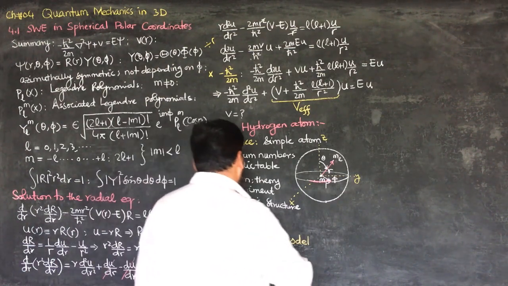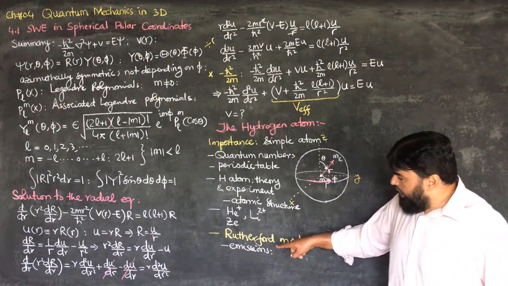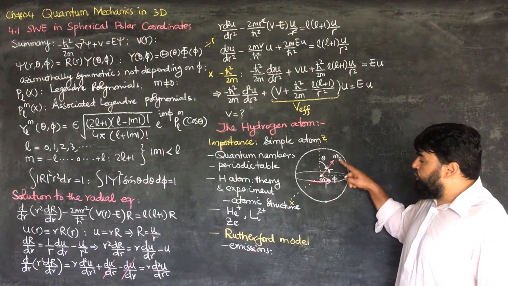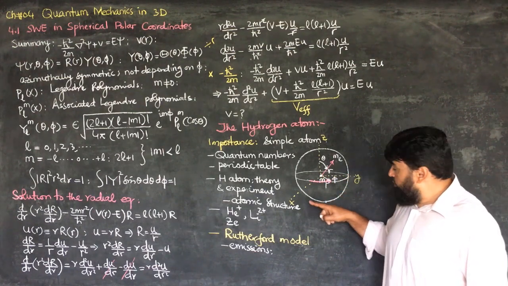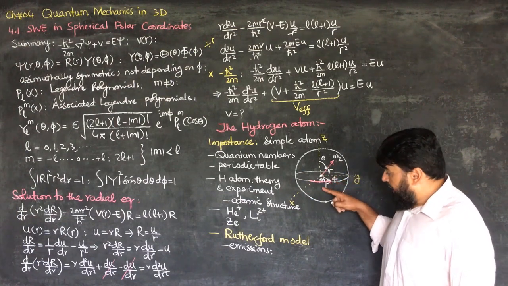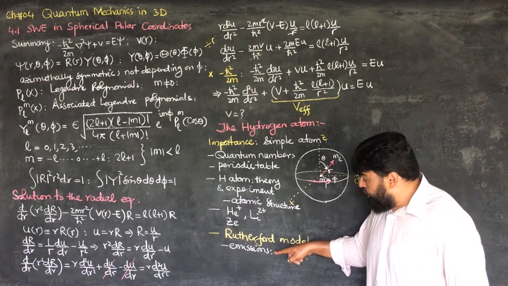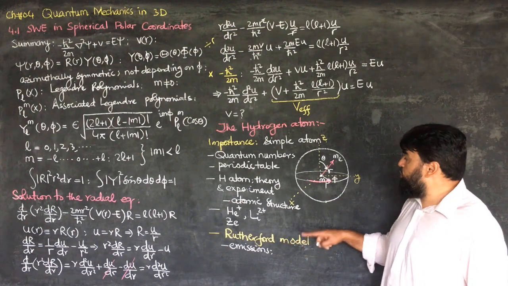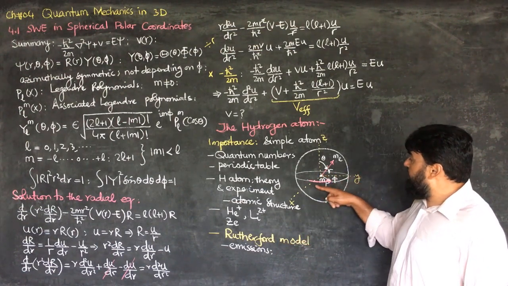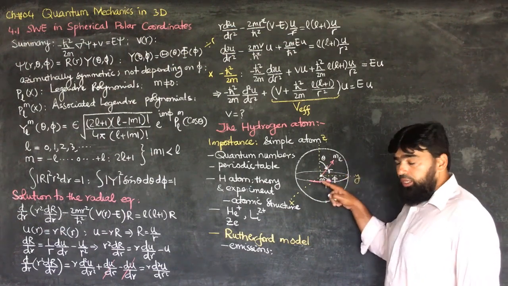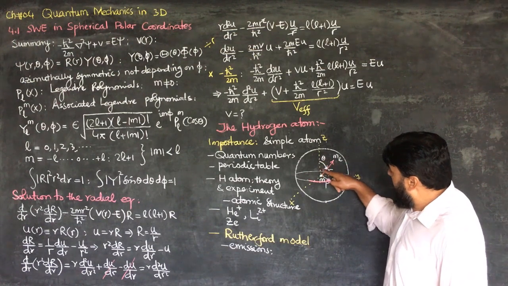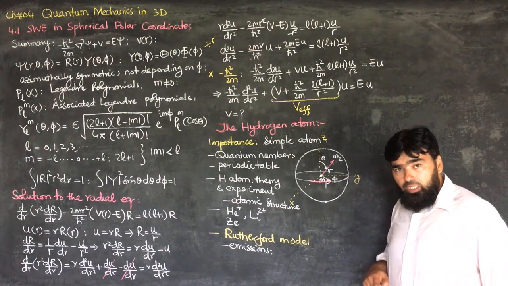Like, the electron is a charged particle, and if it is going around this nucleus, then we know that this is an accelerated motion, and in an accelerated motion, charged particles are supposed to radiate. And when this charged particle will be radiating all the way, then it will lose energy and it will spiral into the nucleus.